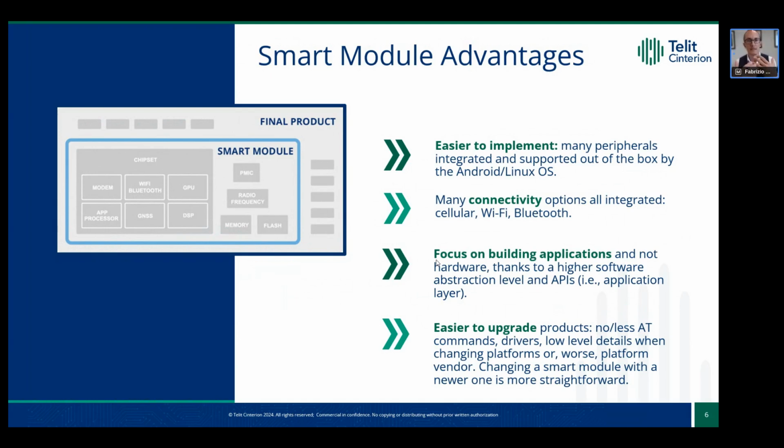So, in short, let's see the main advantages of a smart module. As I already said, it's easier to implement a new device because they integrate many peripherals and they already support those peripherals. You don't have to deal with low-level details, with peripheral details, you don't have to configure the peripherals because they are already supported by the operating system. They have many connectivity options that are all integrated: Wi-Fi, Bluetooth, cellular.